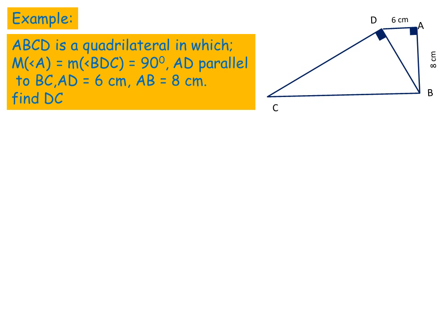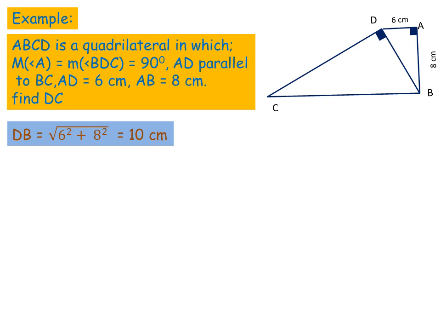So I can calculate the length of DB as the root of 6 squared plus 8 squared. So DB equals 10 centimeters. Now in the triangle DBC, I have the length of DB, 10 centimeters, and I have no other length. So by Pythagoras, the length of CD can't be calculated.